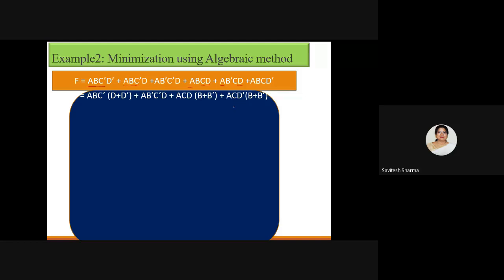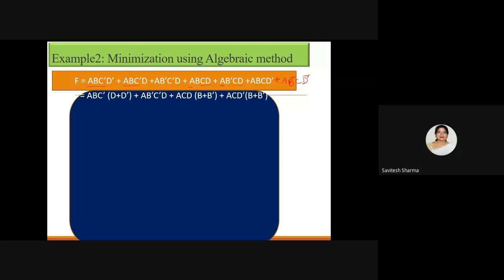So see, how many terms am I writing here? 1, 2, 3, 4, 5, 6. 1, 2, 3, 4, 5, 6, 7. I am showing the term that is missing here. So you write here A, B complement, C, D complement.